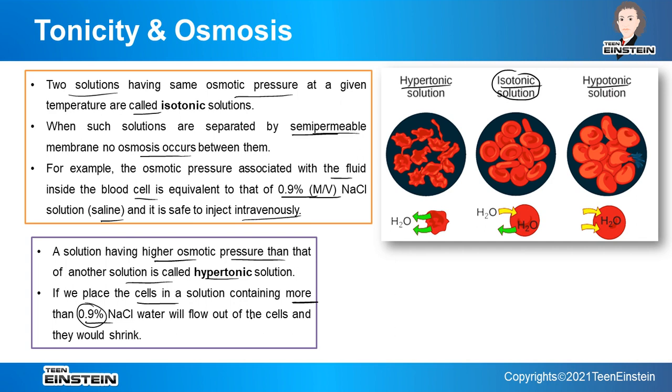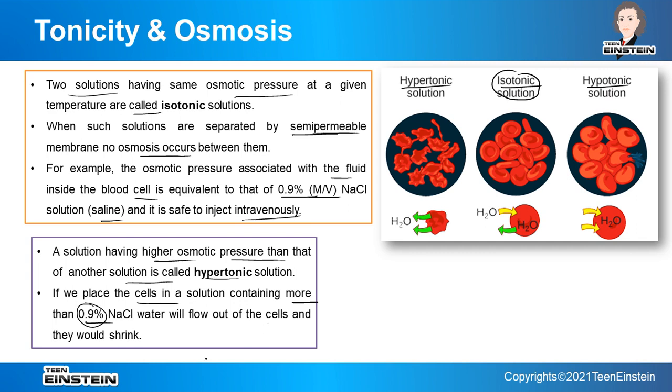Now water will flow out of the cell, because in the osmosis process, water molecules or solvent molecules always move from the low concentration side to the higher concentration side.